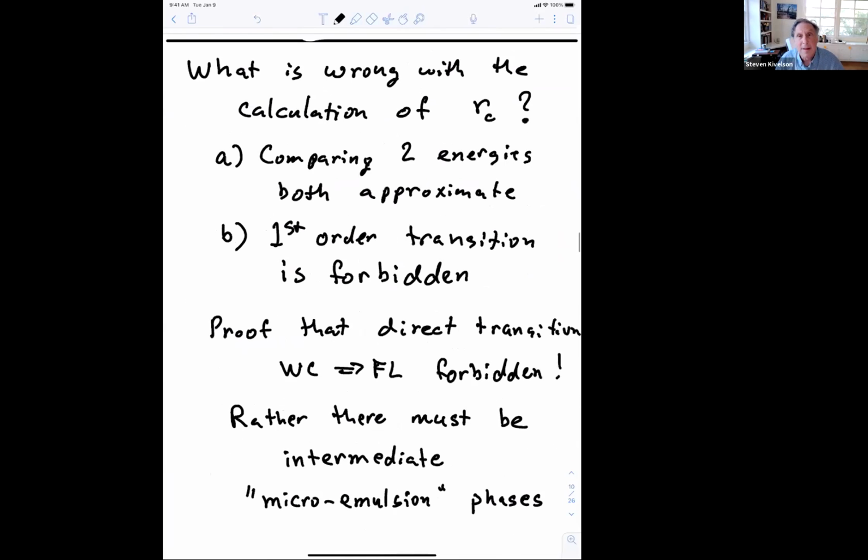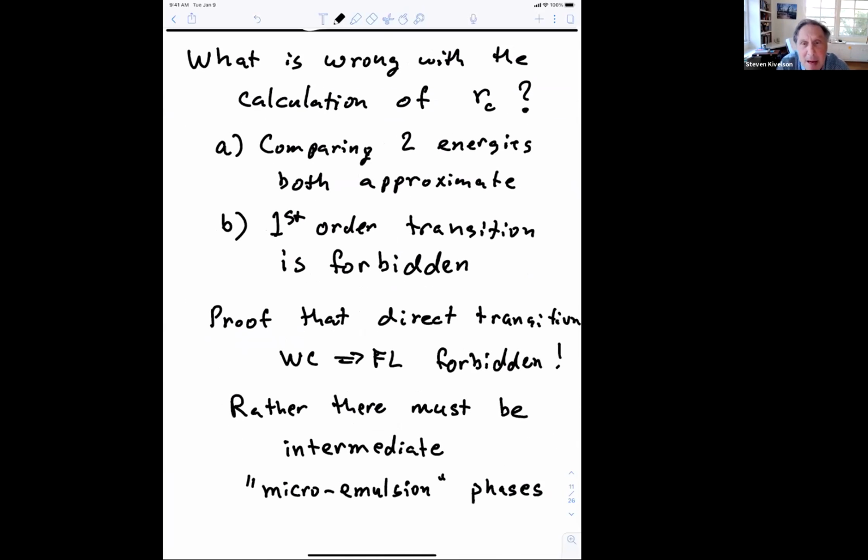Okay, so let me get back to the comment that I made about calculating RC. So the calculation of RC was really a landmark achievement in condensed matter theory. So I don't want this to be taken as critical. I think that's really a major advance in the field. But there are 2 things about it.